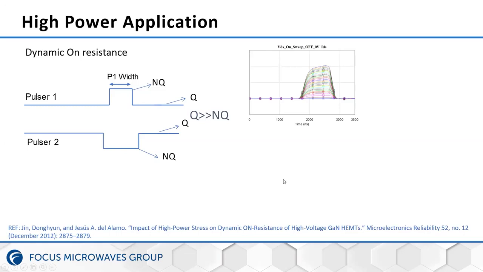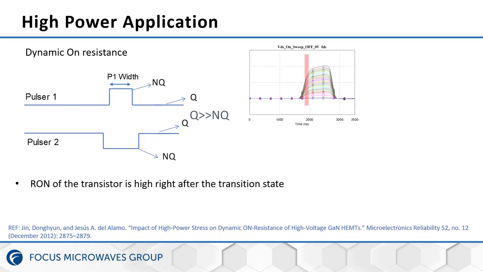Again, as we discussed before, the pulse timing in this case is very important. So we should take care that we don't create an intermediate stage that is harmful for the device. Here, the drain non-quiescent pulse is much wider than the gate non-quiescent pulse, which means that even if we create an intermediate stage, it is well within the safety limits of the setup.